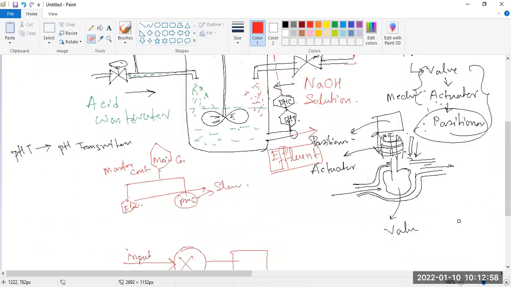This is the valve positioner. Later on I will give you the clear diagram of the valve positioner and actuator, because you have to know these things whenever you enter industrial life. Though you are in the electrical branch, you have to operate all the instrumentation part, because the total process is linked with this. I will give you many valve diagrams, how they are actuated, and what the positioner is.